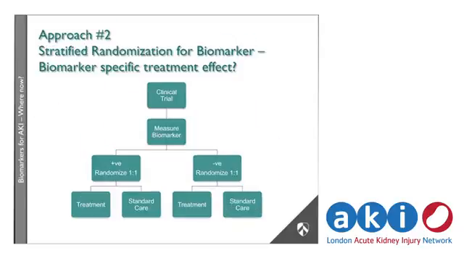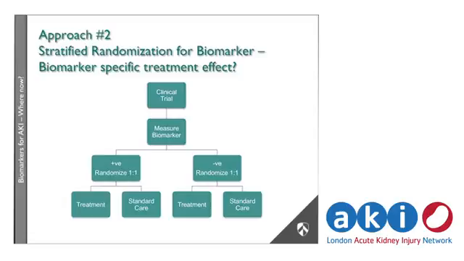Okay. Alternatively, you could just have a clinical trial and say, all I'm going to do is stratify my randomization in each arm to a biomarker, because it may be that my intervention, let's say it's next dopamine 3.0 or whatever, is only beneficial in patients who have the positive biomarker, or maybe it's only beneficial in the patients who don't have the positive biomarker, who haven't yet acquired acute kidney injury.